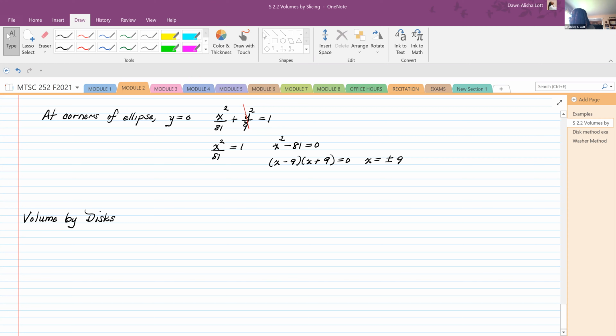The only difference is that in volume by disk, the areas are always circles.